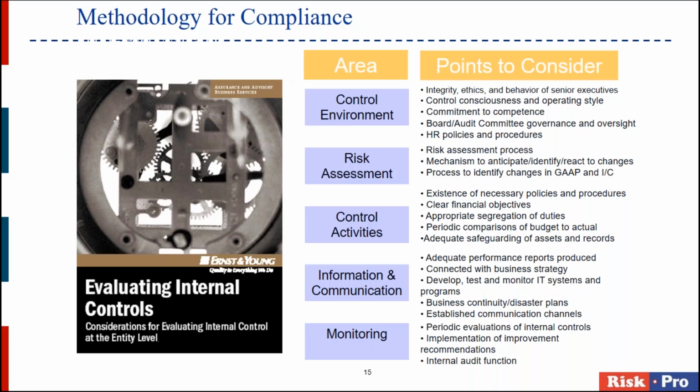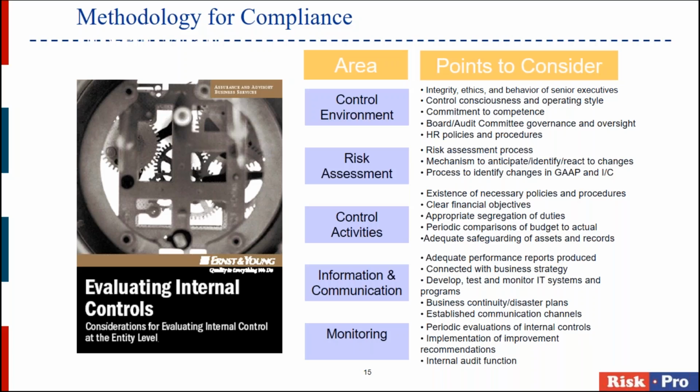During the risk assessment, we will be able to identify the mechanisms to ensure that proper risk management is there in the system. Then the control activities. We have to consider that the necessary policies and procedures exist in the organization.